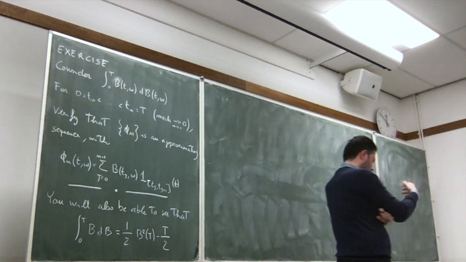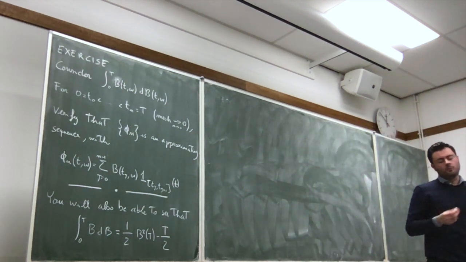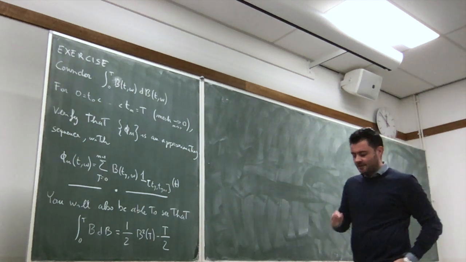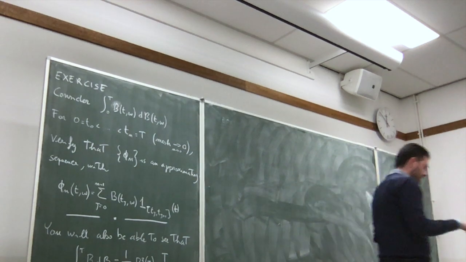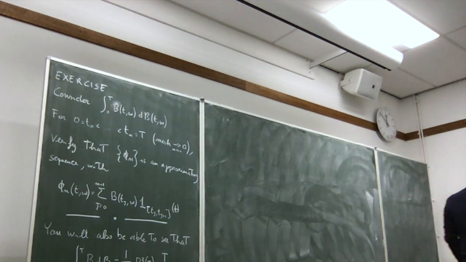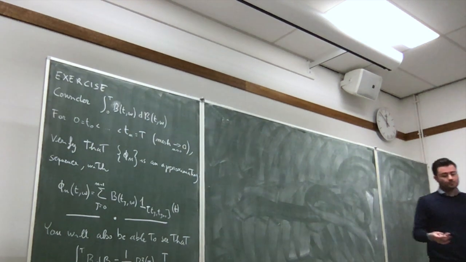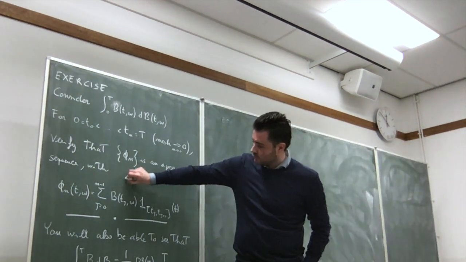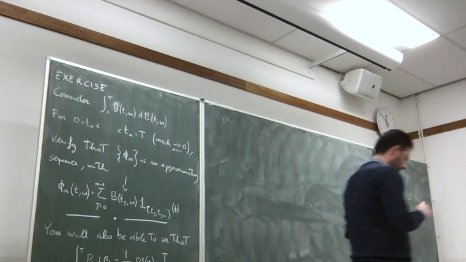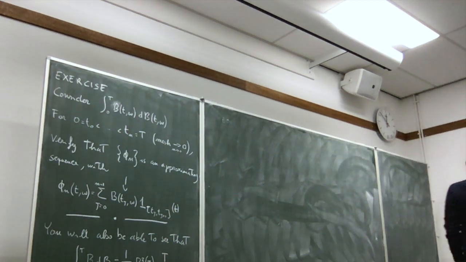So I leave the three proofs for you, but the only thing that I want to underline is that, for example, in the first lemma, the one that deals with approximating a bounded and continuous function with a sequence of simple processes, you see a trick that then appears also in this exercise. And the trick is the following.